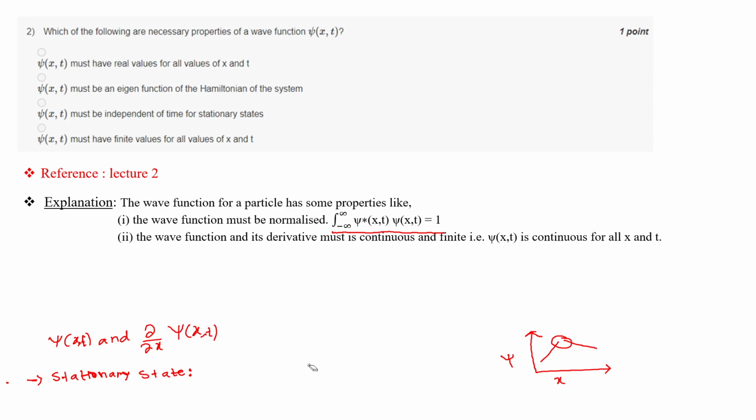Okay, so the third question is, one of the operators given below is not linear. You have to identify that operator.